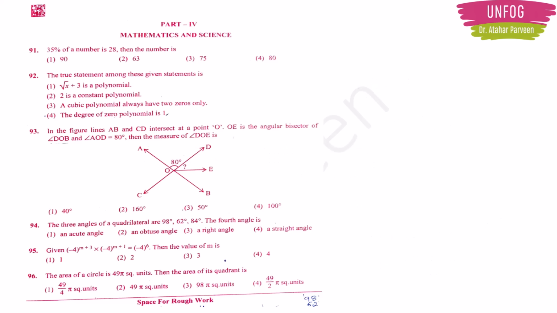Now see question number 95. They have given (minus 4) to the m plus 3 into (minus 4) to the m plus 1. This is equal to (minus 4) to the 6. We should find out the value of m. So here bases are same. You can add exponents, right? So (minus 4) to the m plus 3 plus m plus 1.